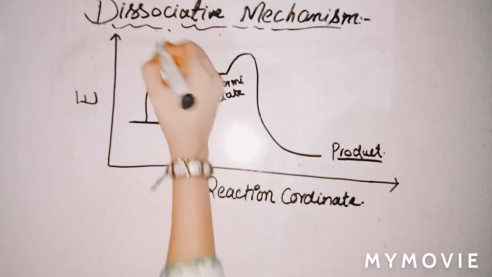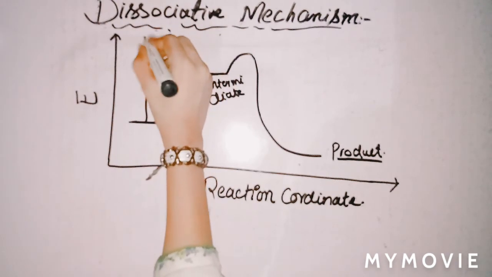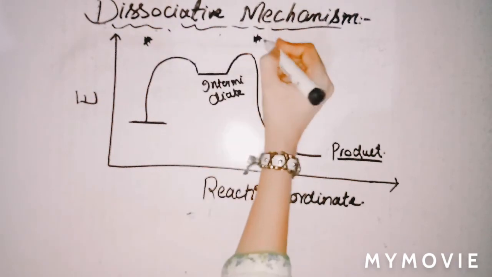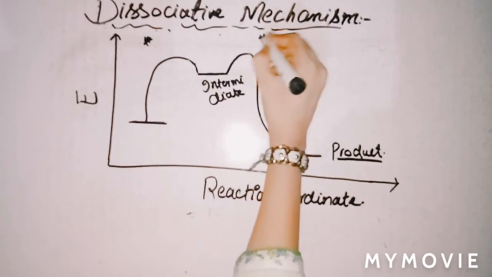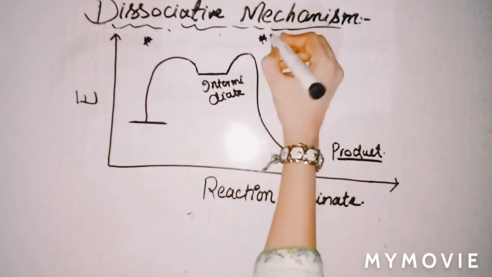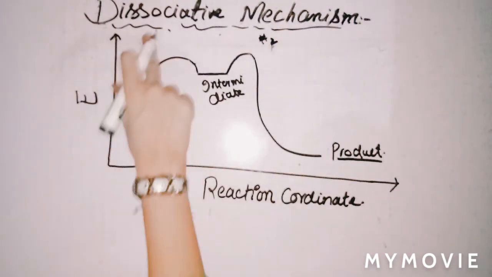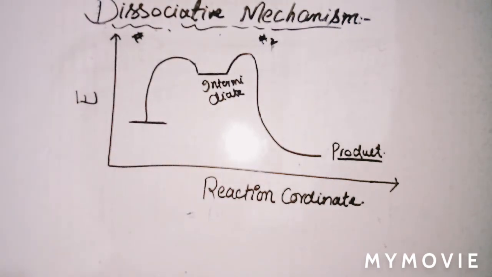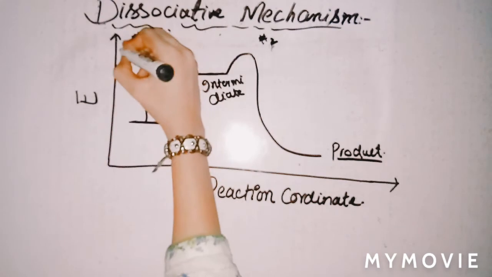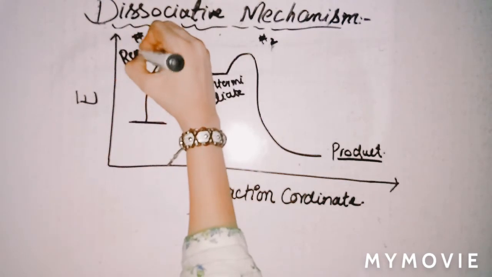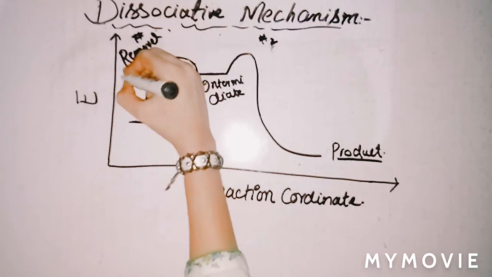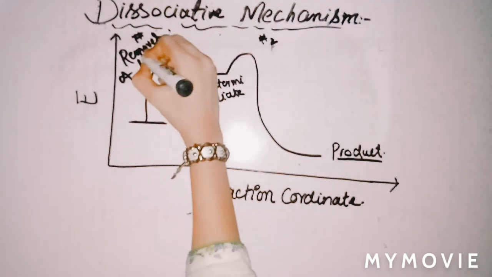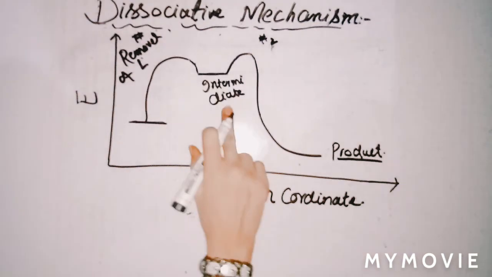It shows the first transition state and the second transition state. In the first step, the leaving group leaves, so we can say removal of the leaving group occurs and we get the intermediate.